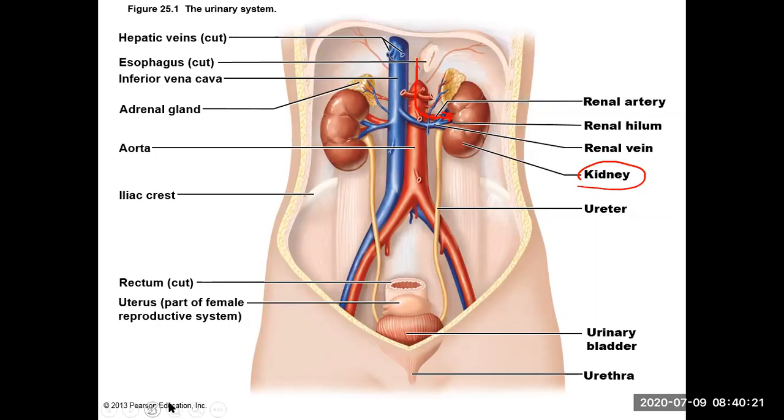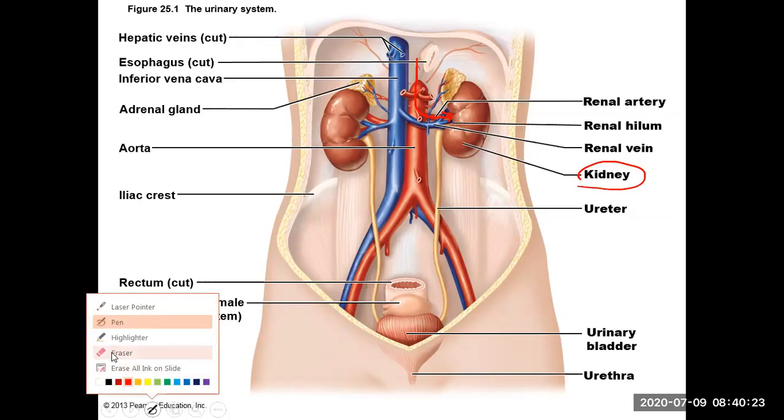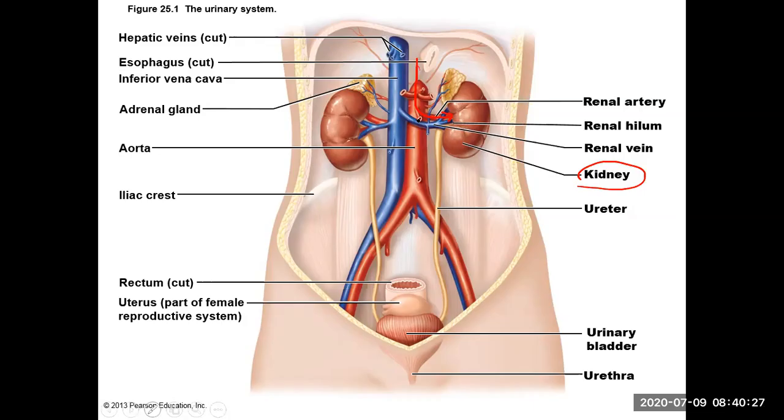As they exit through the ureter, the ureter links the kidneys to the urinary bladder. The urinary bladder is a temporary storage for the urine.